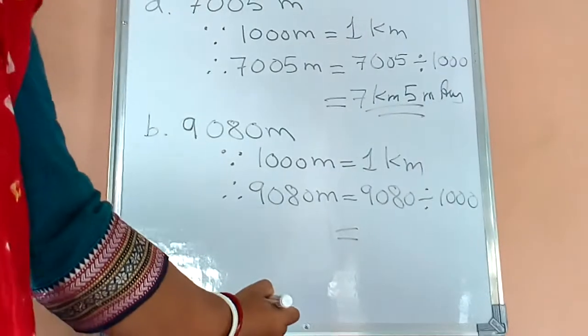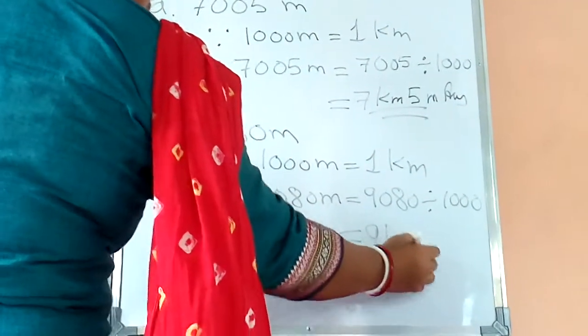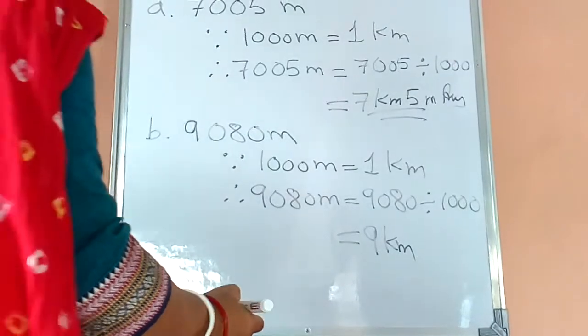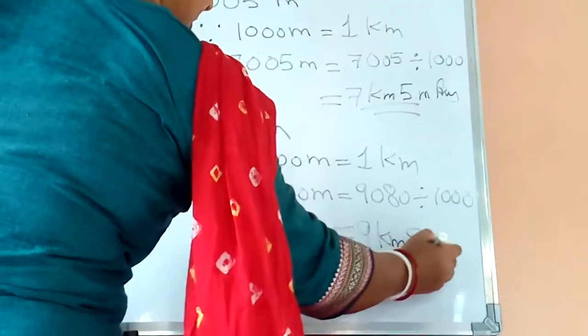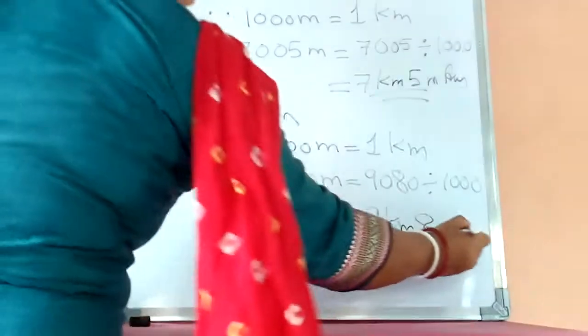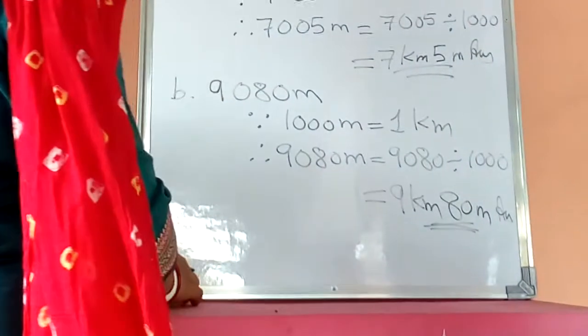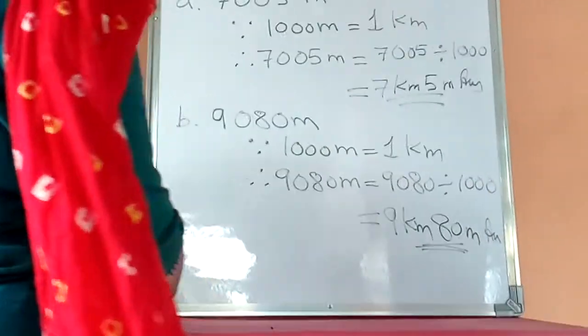Again the same thing, when you divide, 9 will be in the quotient part and the remainder will be 80. So 9 kilometer and 80 meter is the answer. Okay, so this type of conversion you will solve like this.